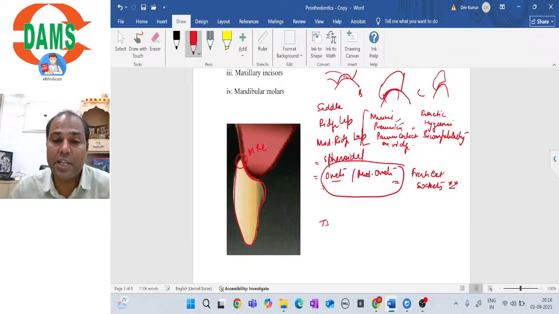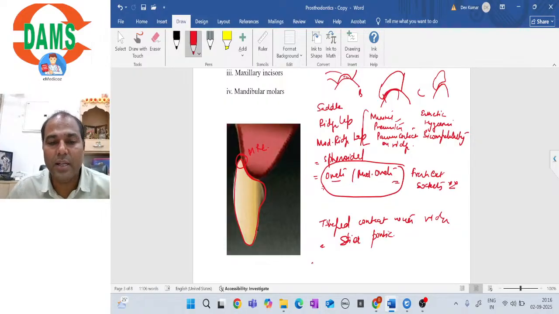It has a T-shaped contact with the ridge, write it down. It is also known as the steel pontic. Okay, and it is mainly given in cases of maxillary anteriors, mandibular anteriors and maxillary posteriors.